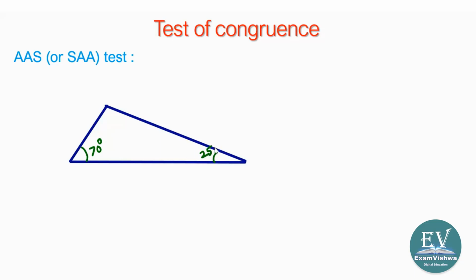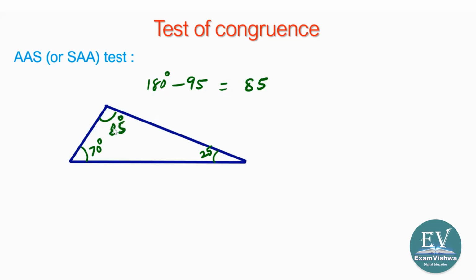Then total became 95 degree, correct? Naturally, the third angle will be 180 degree minus 95 degree, correct? Which is equal to 85, since 95 plus 85 is 180. Right?